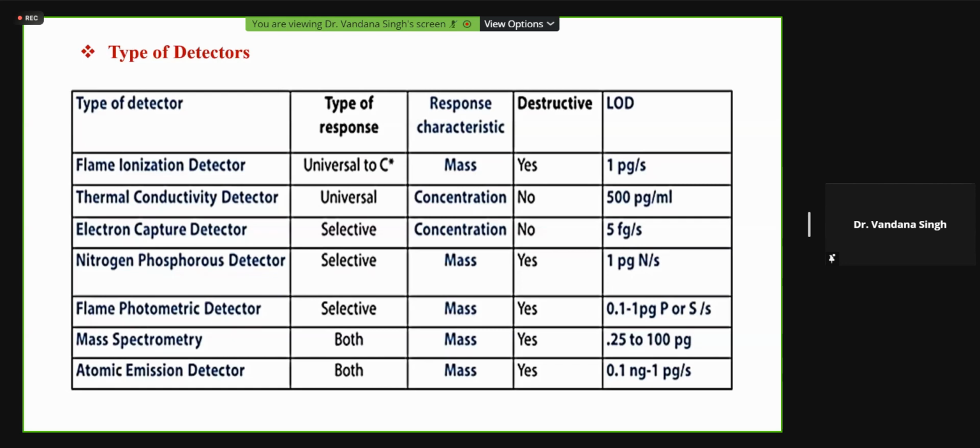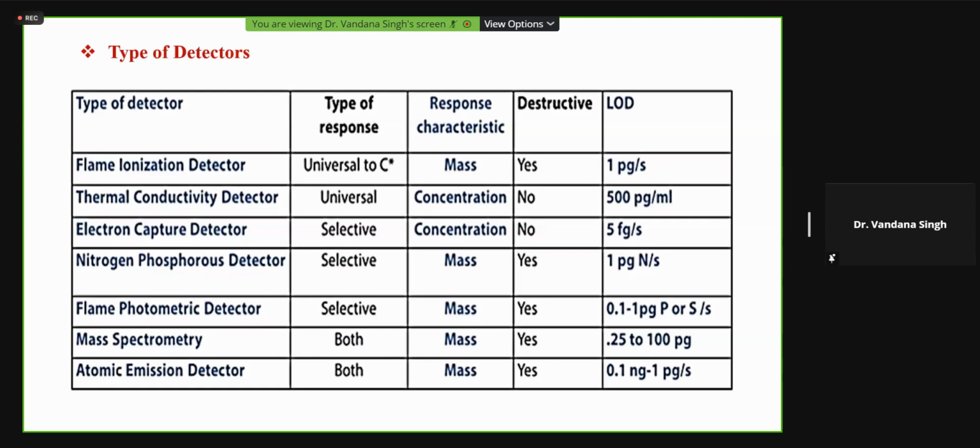They are selective detectors, they are concentration based, and their limit of detection is very high, up to 5 femtogram per second.